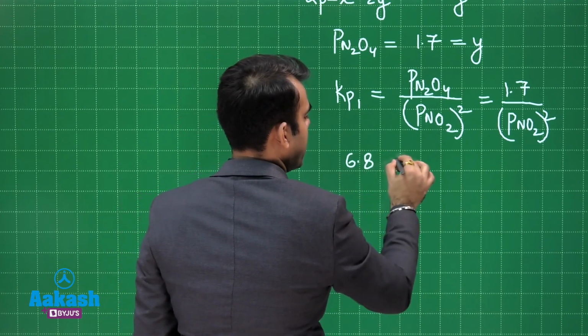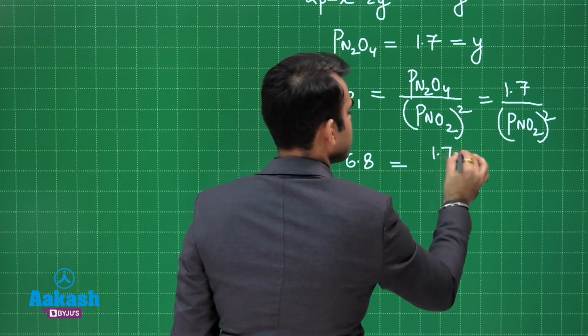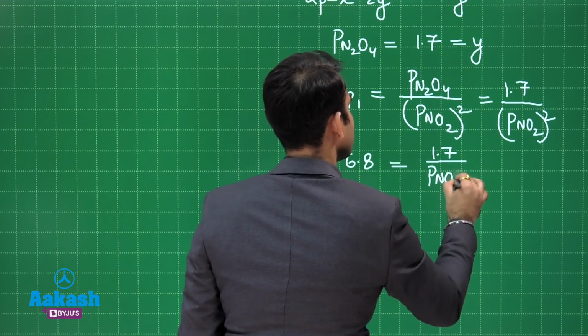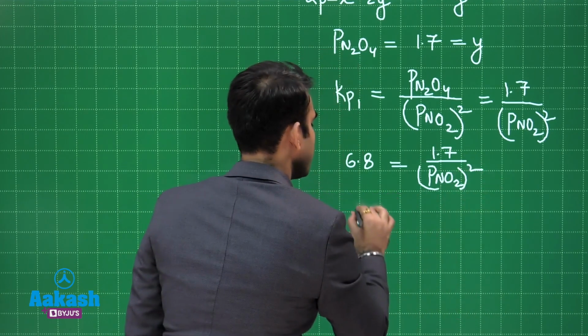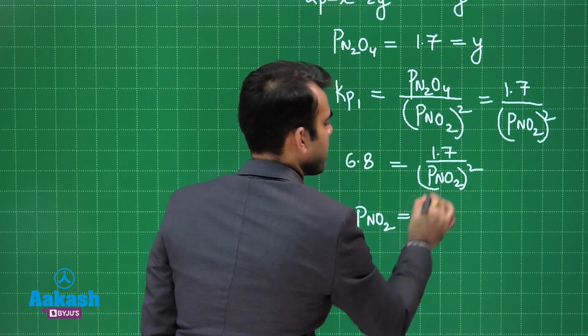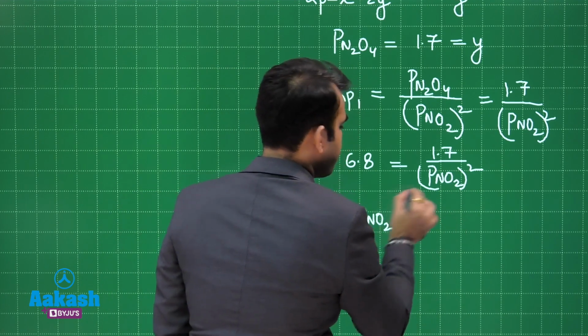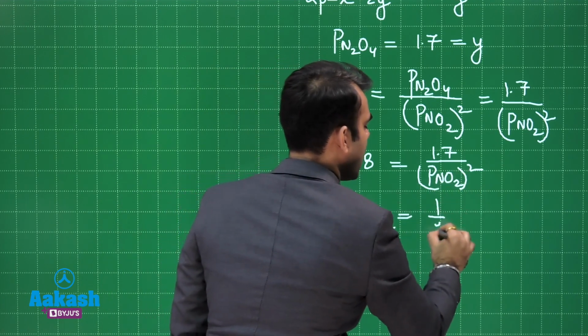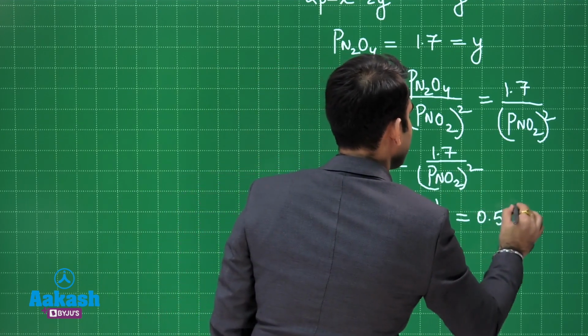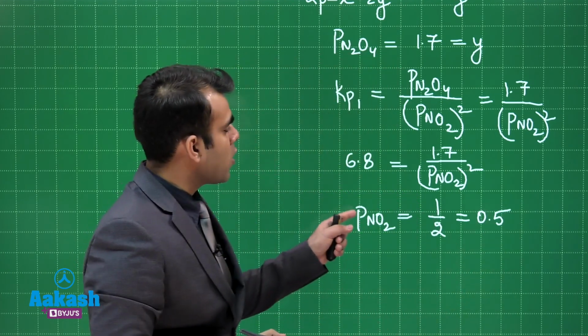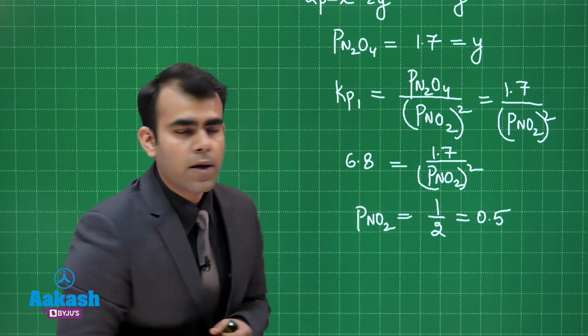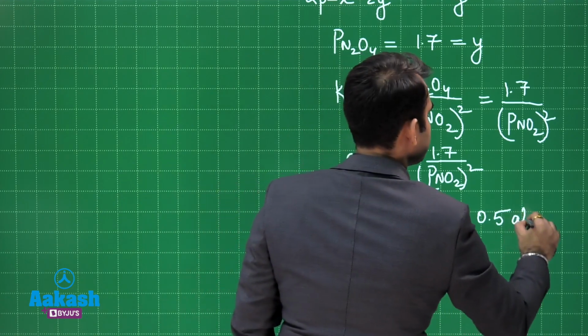So 6.8 is equal to 1.7 divided by PNO2 square. So PNO2 squared becomes 1.7 divided by 6.8, this is 1/4, and if I take the square root it becomes half or 0.5. It means the pressure because of NO2 is 0.5 atm.